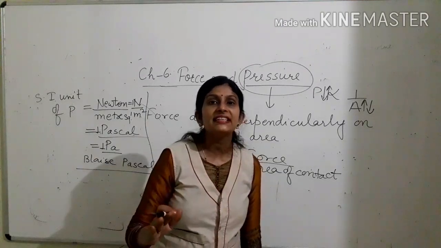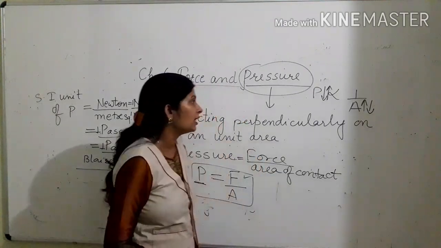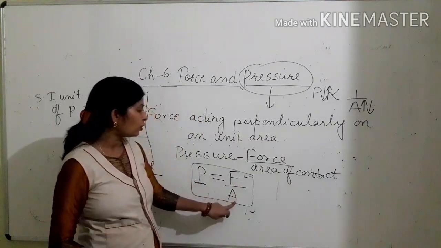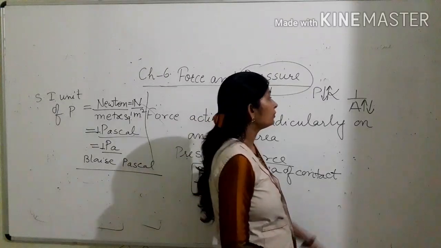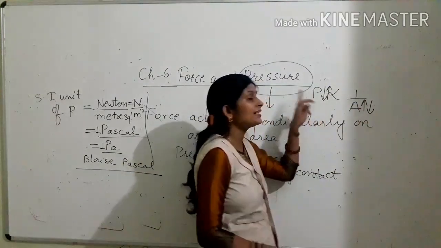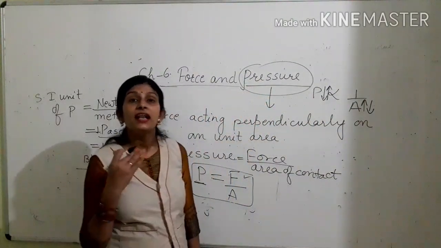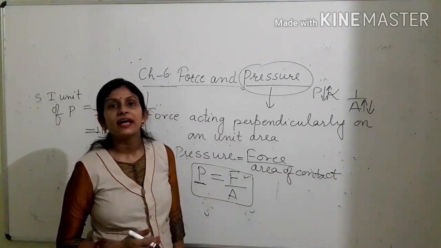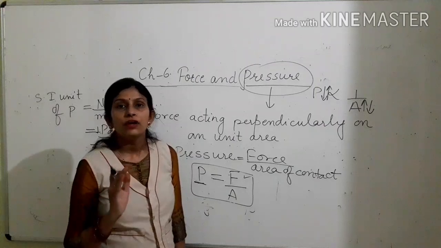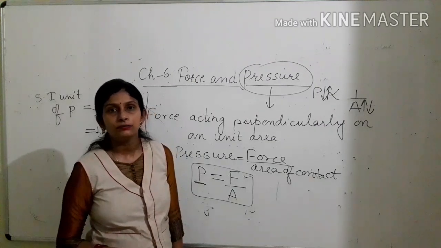So force is applied on more area. When force is applied on more area, then pressure is less. So here less pressure is created on the apple. That is why the apple will not be cut by the spoon.